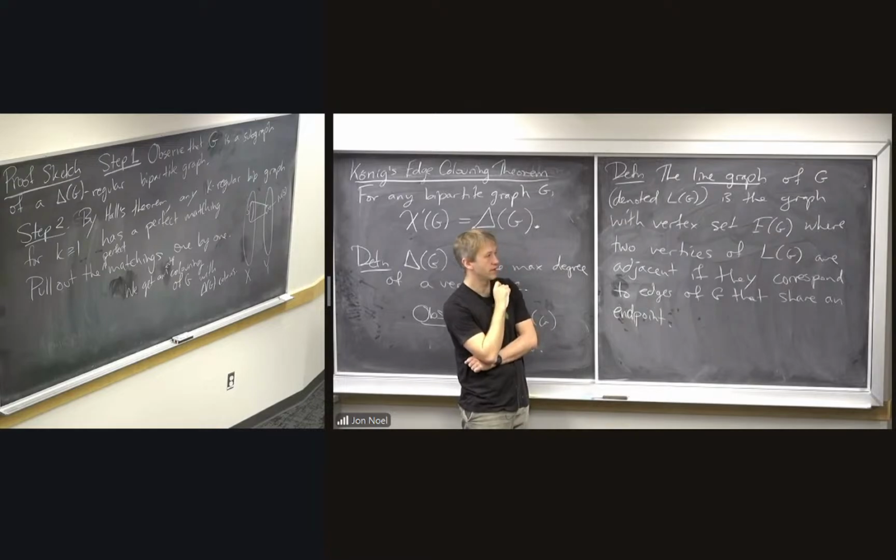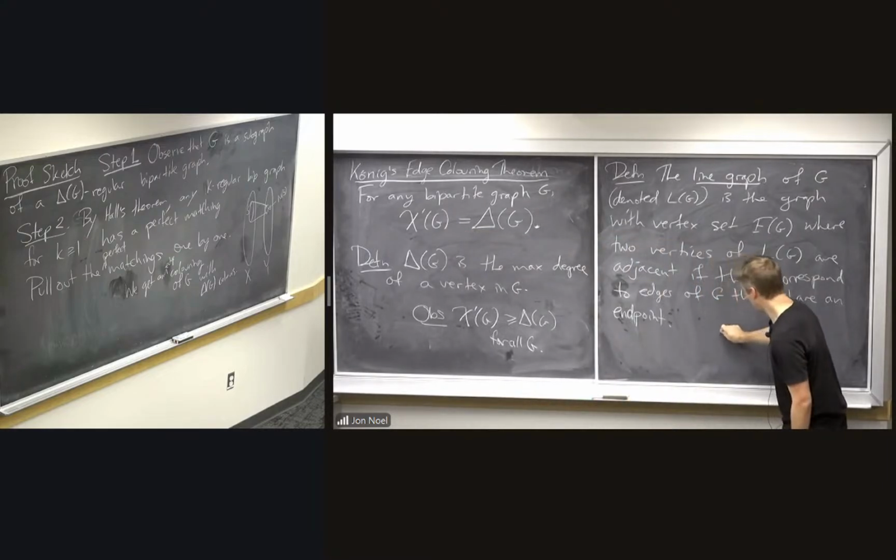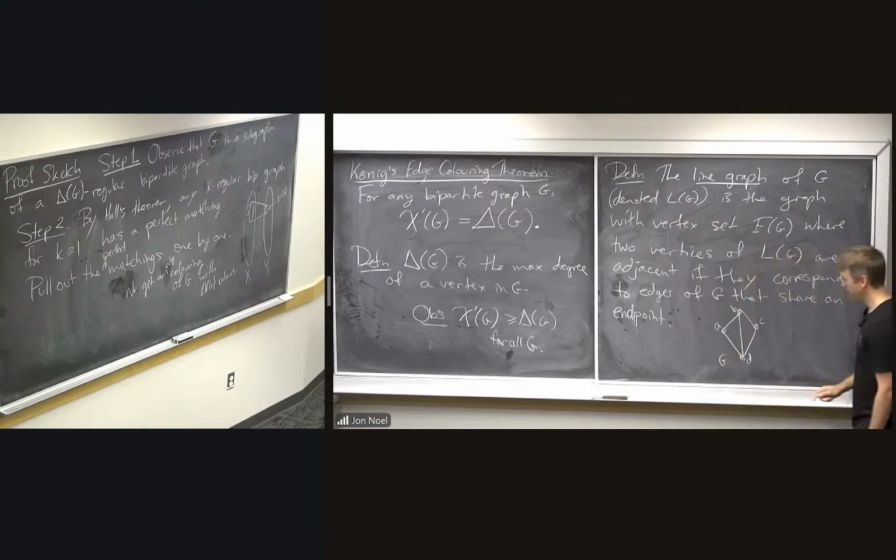So I don't know if I can come up with a good example, but that's my graph G. Then I'll have a vertex for each edge. So I've got a vertex corresponding to like the edge AB, then the edge BC, CD, DA, and a vertex corresponding to BD.